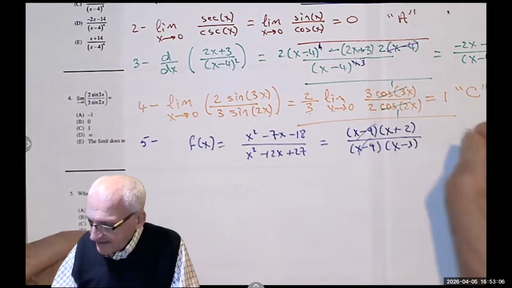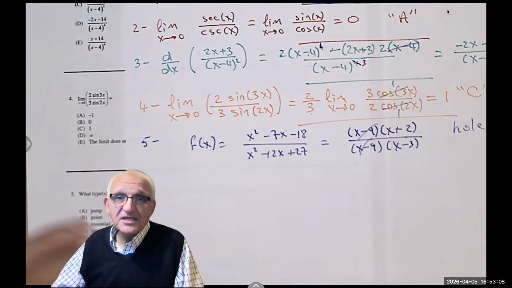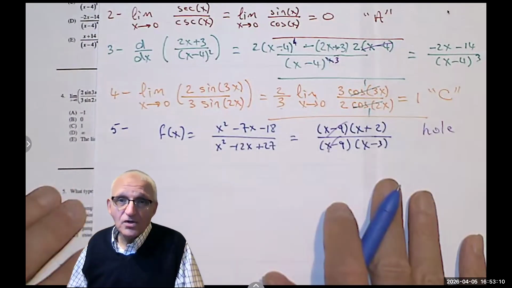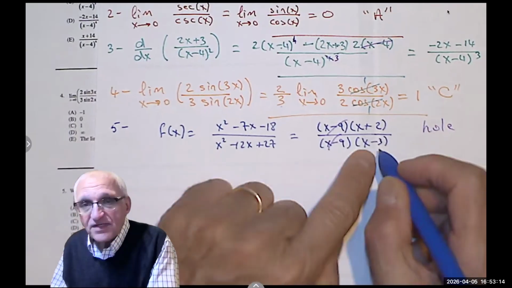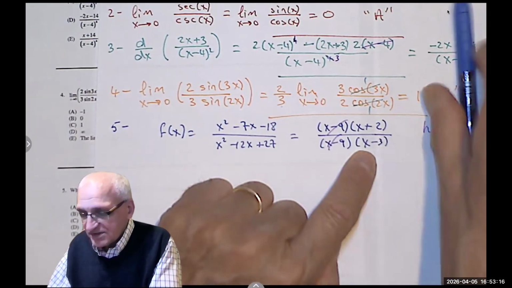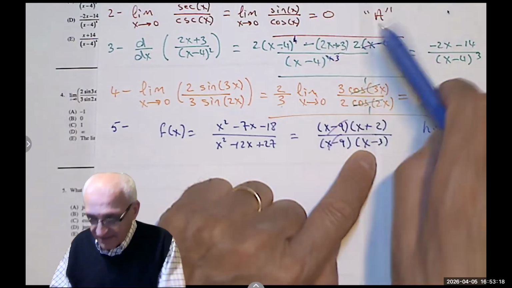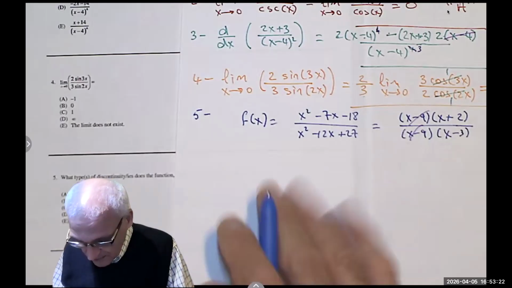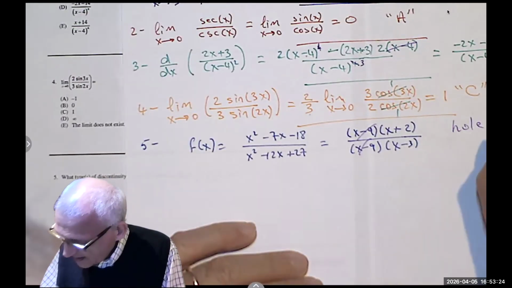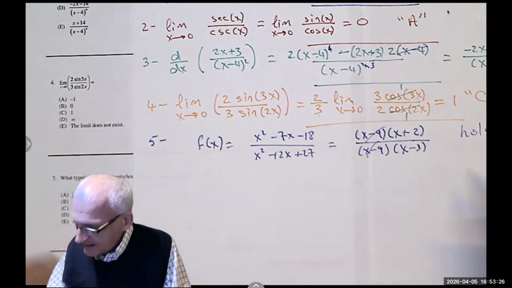This is a hole right there: x minus 9 over x minus 9. So there is a hole at x equals 9. Also, at x equals 3, I have a vertical asymptote, meaning infinity, meaning an essential discontinuity.